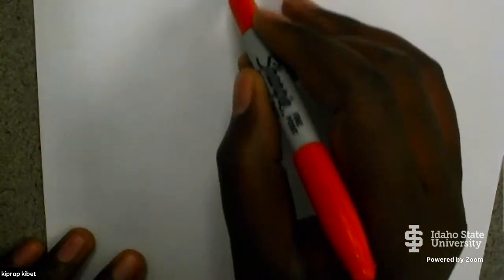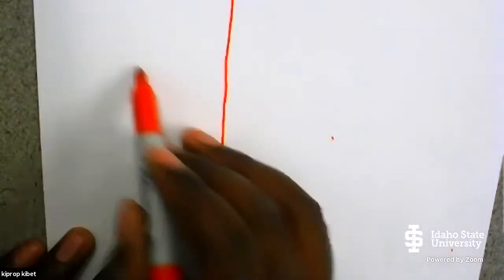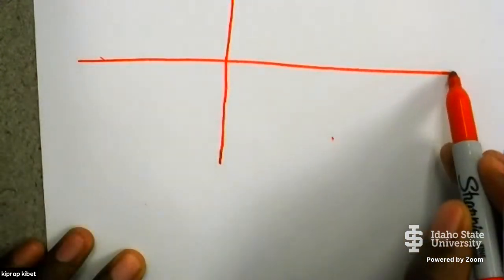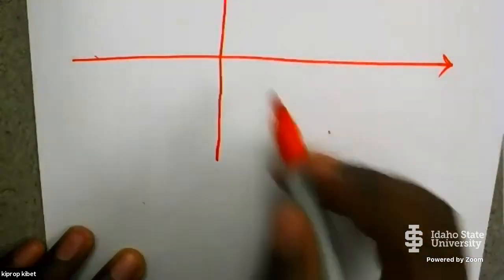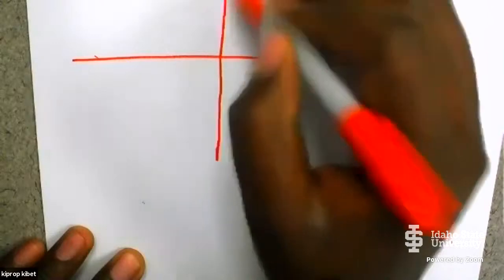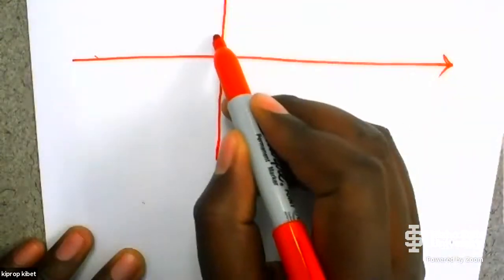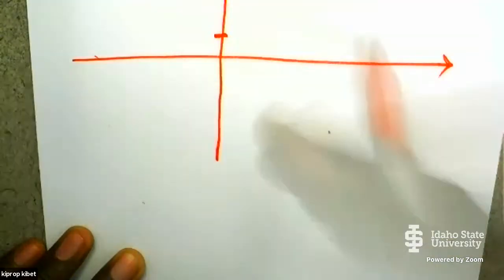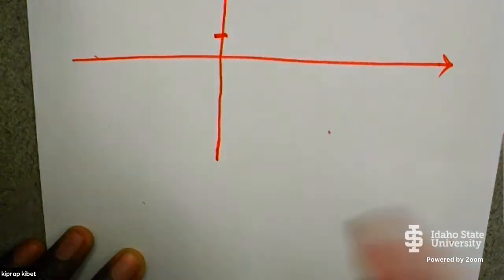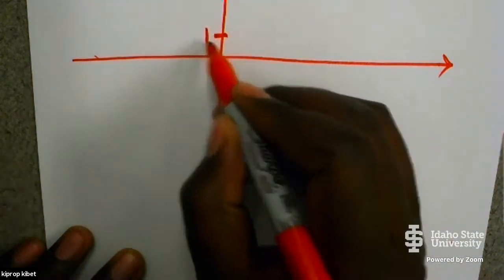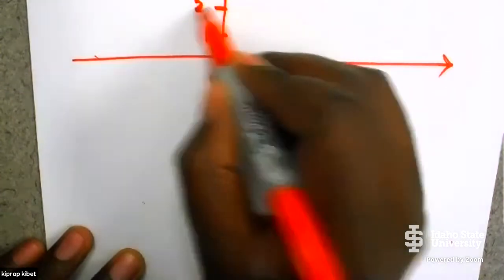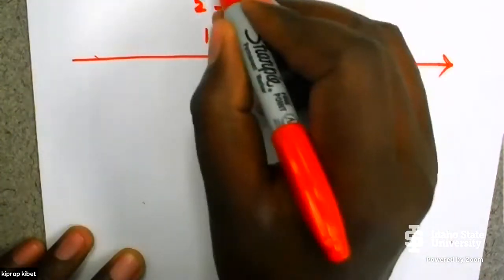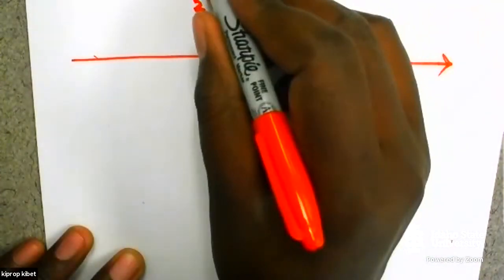So you come here, you now draw the Cartesian plane, you can just say the graph. 1, 2, 3, 4, let's say 5.